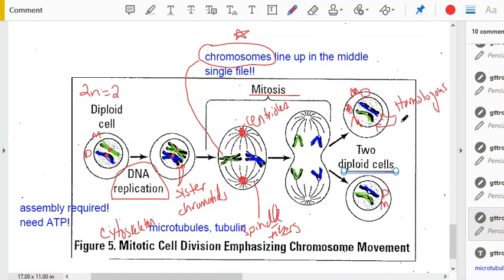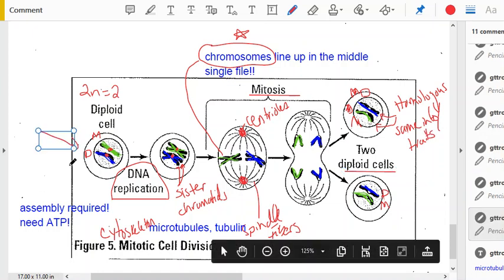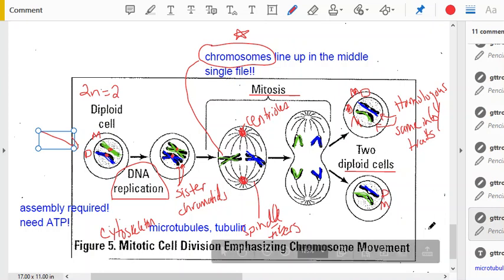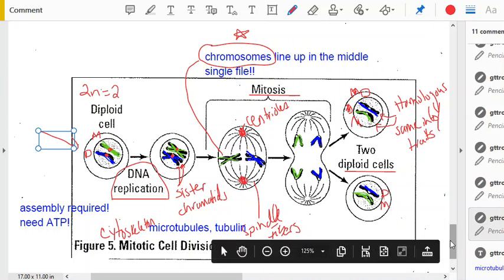These are homologous chromosomes that have the same info, the same traits, and they are identical to the parent cell. They're identical to this initial parent cell. They're smaller because they're half the size. This parent cell split in half, but they're identical.